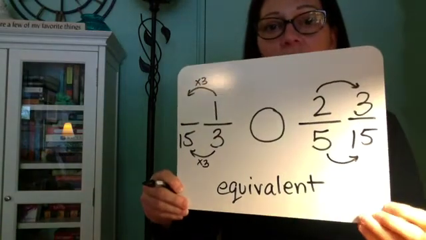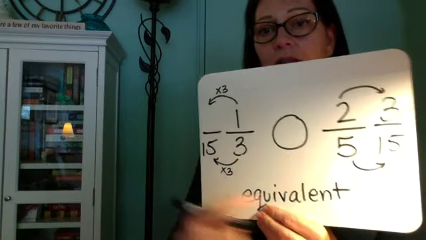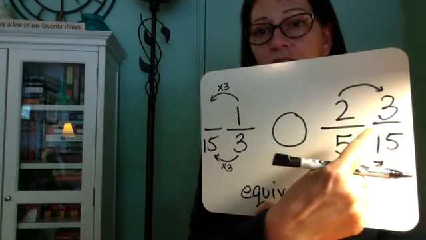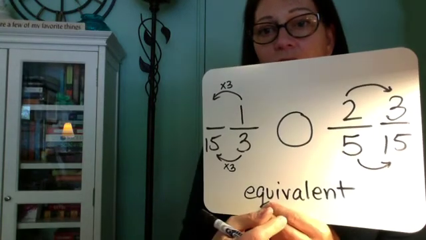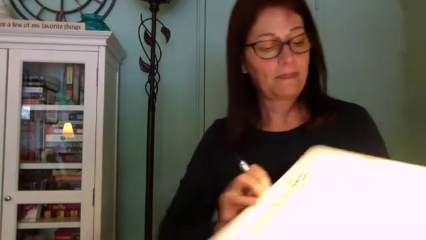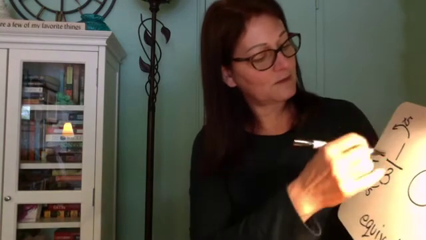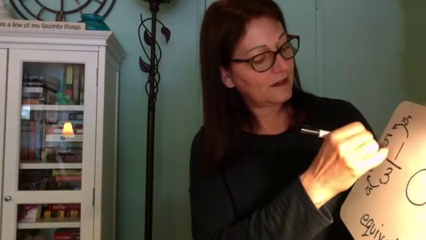Okay. Now on the other side, how do I get from 5 to 15? Wait a minute, I lied. 3 times 5 is 15. 1 times 5 is 5.